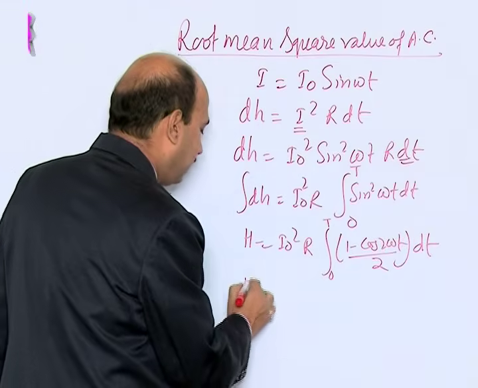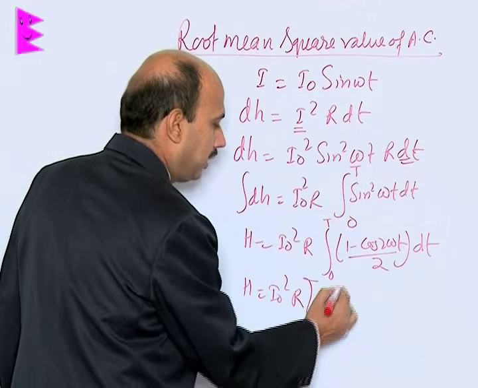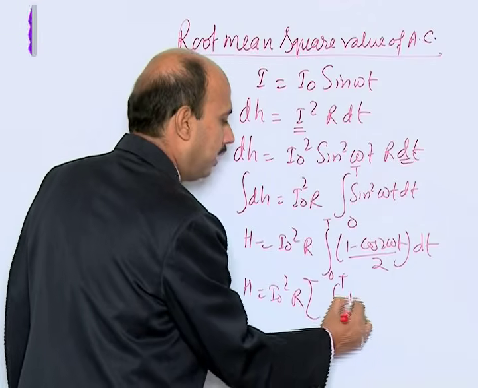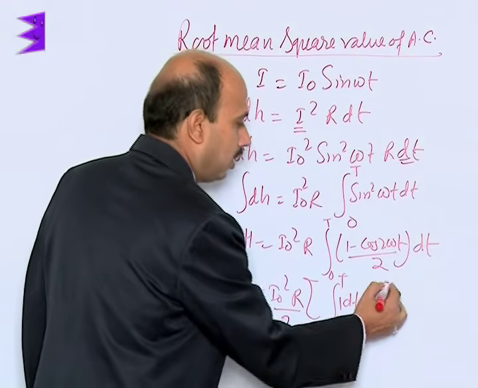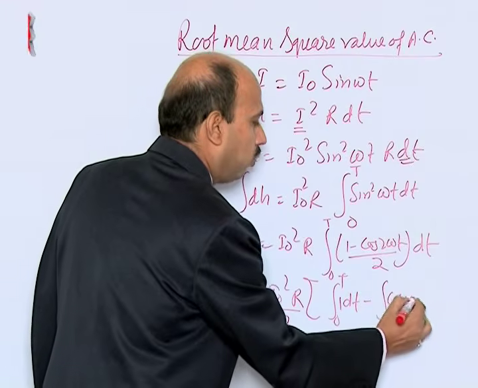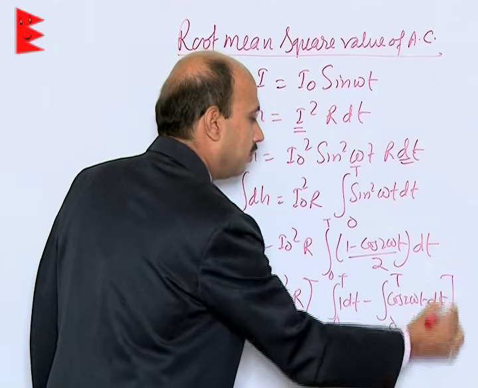We can write H is equal to I naught square R, integral 0 to T of 1 dt minus, taking the 2 outside, the integral of cos 2 omega t dt from 0 to T.